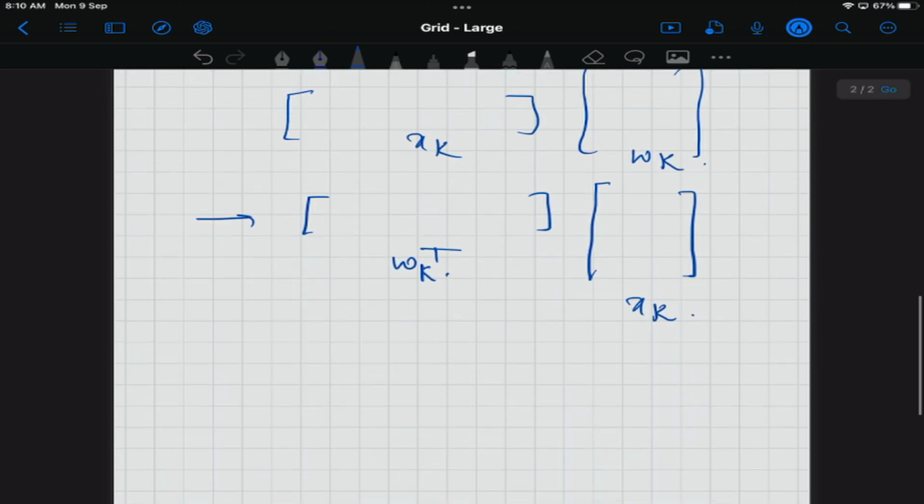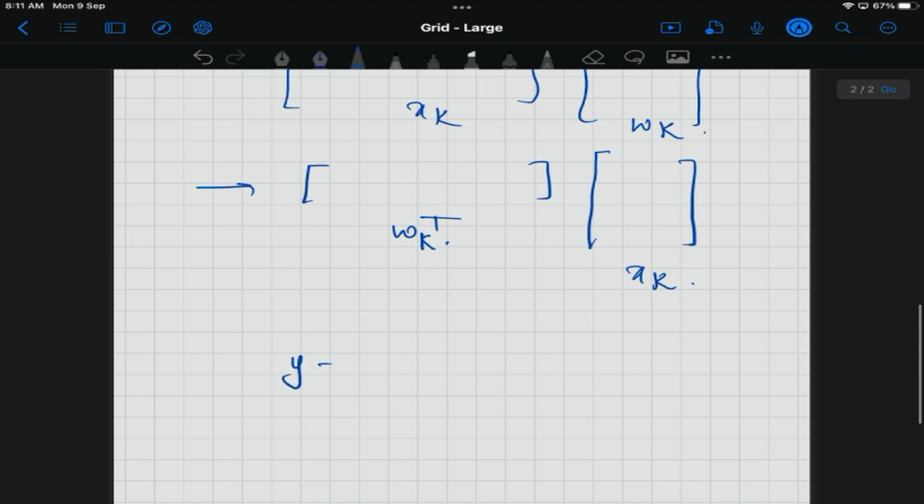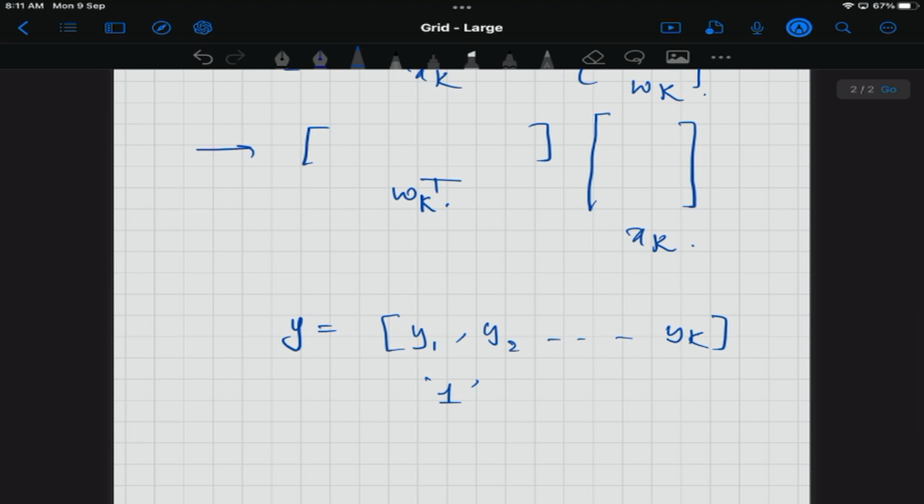One more question was, in my one hot encoded vector, I'm saying that I have a vector which sums up to 1, right? Just a minute, I'll check the question.